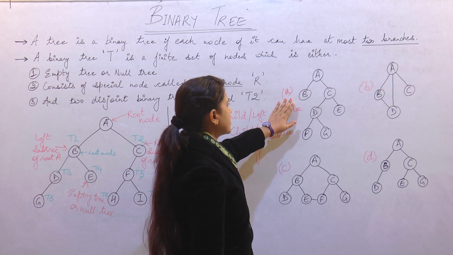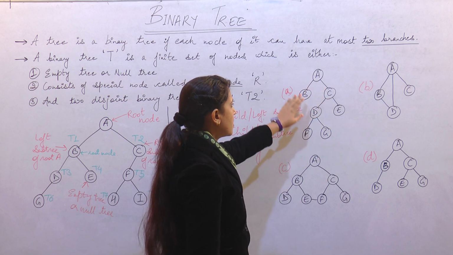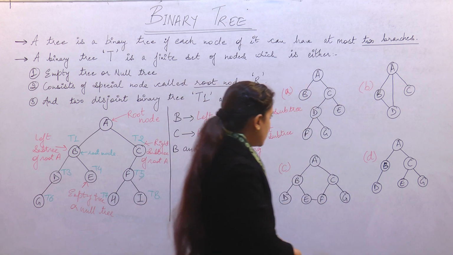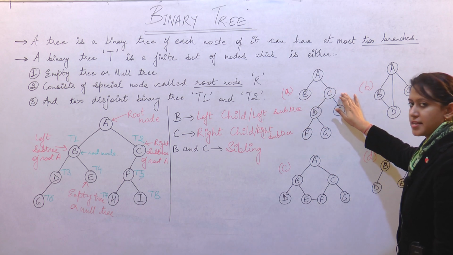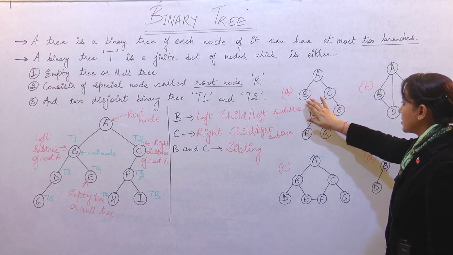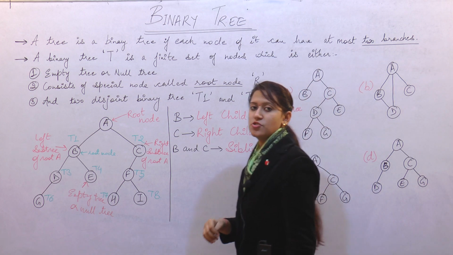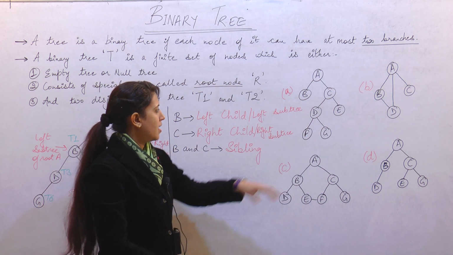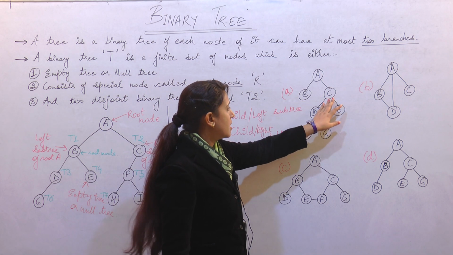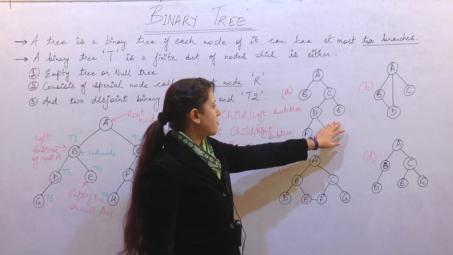Now taking example A, here in this tree we are having A as the root node. A is having two children B and C. Now our property gets fulfilled. On considering B as next root node, B does not have any children. That means B is empty tree or null tree. Considering C as next root node, C is also having two children. Yes, the property is getting fulfilled.